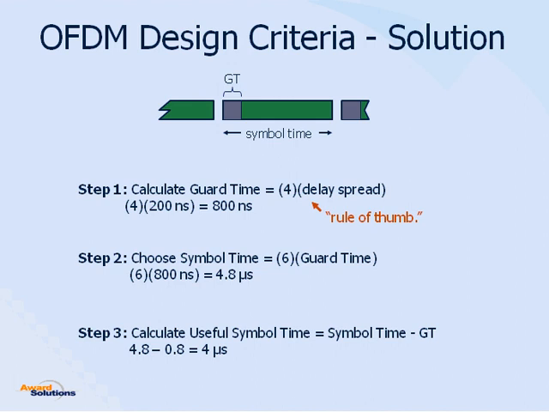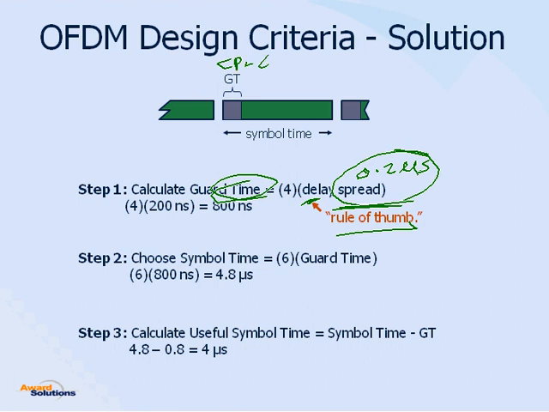So we are told that we need to worry about a 0.2 microsecond delay spread. In 802.11 type systems, we use a rule of thumb of 4 times the delay spread. Again, rule of thumb, that's good enough guard time. So that will take care of all the multipaths. So we said the total cyclic prefix time, cyclic extension time, is 0.8 microseconds.